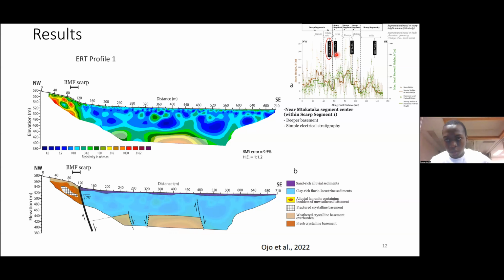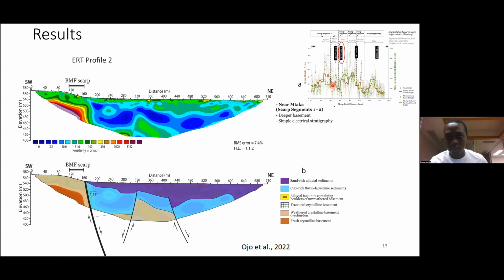And I'm trying to show where each of these profiles are along the strike of the fault. There tends to be variations in the amount of throw and the depth of the fault as we go along strike. Where the profile is close to the center of the fault segment, we tend to see more displacement.